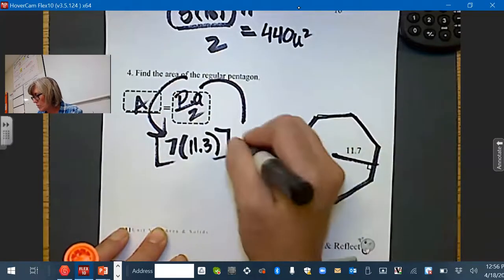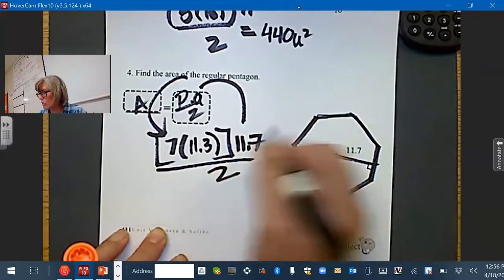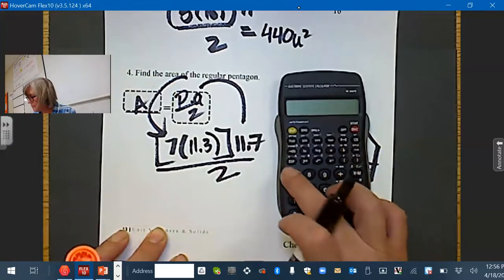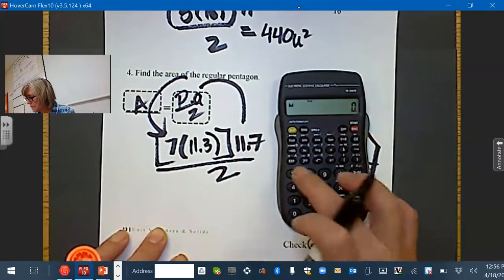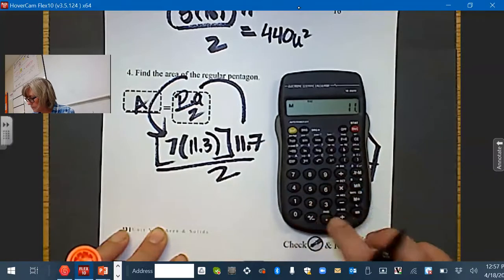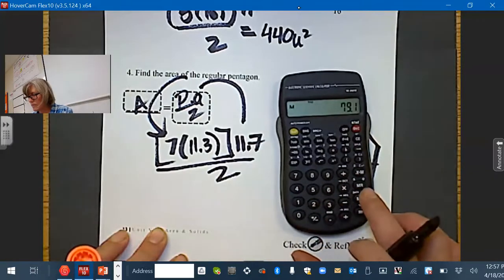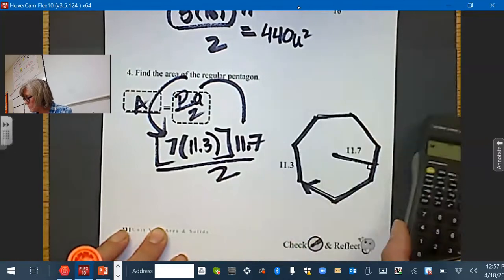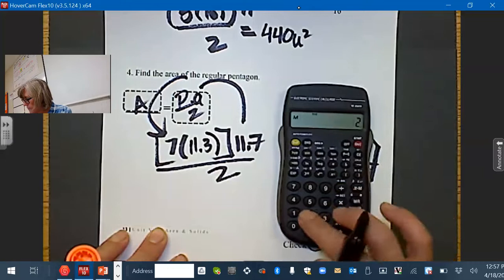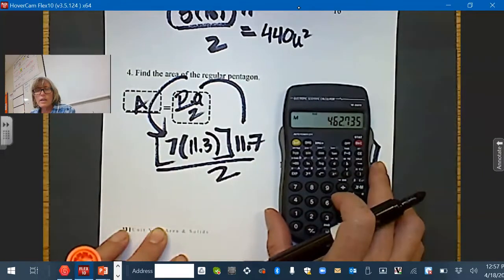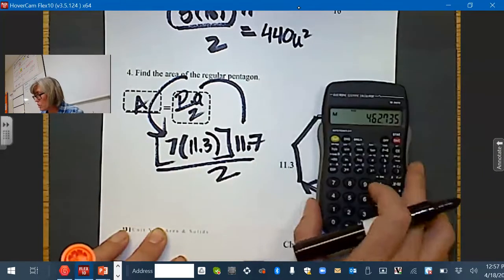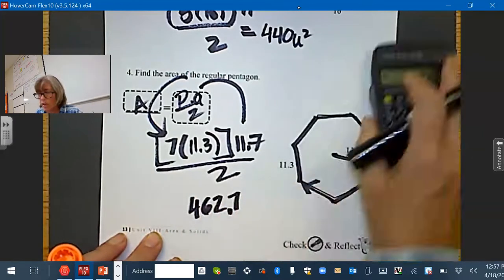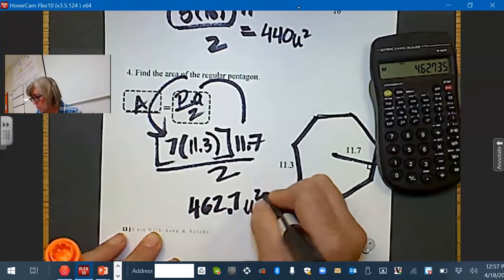Your apothem, 11.7 over 2. Decimals are always okay. If you get a decimal, just round it to the tenths place. That's 462.7. Check for units, no units, so it's going to be units squared.